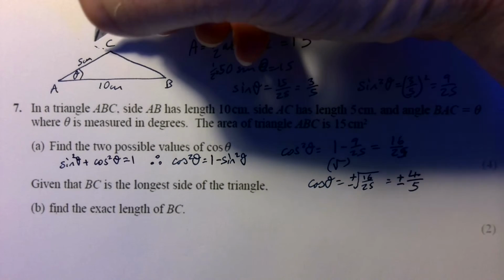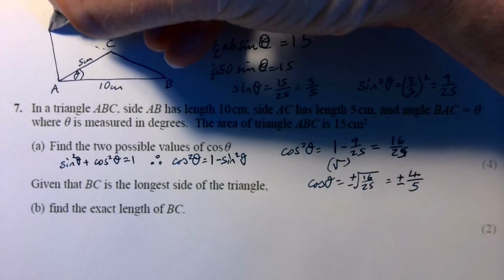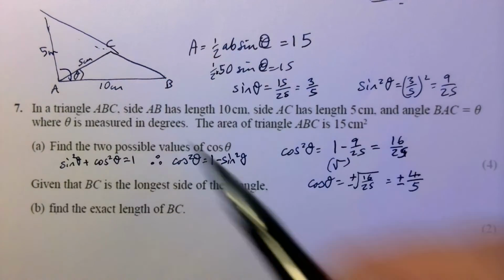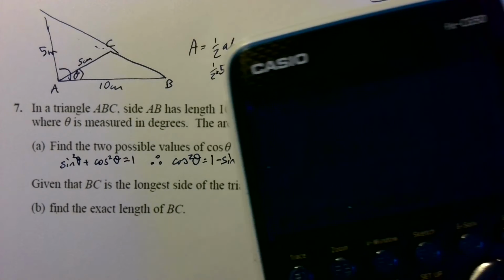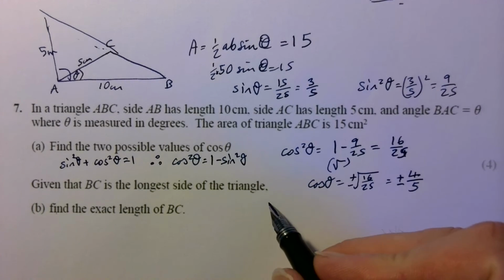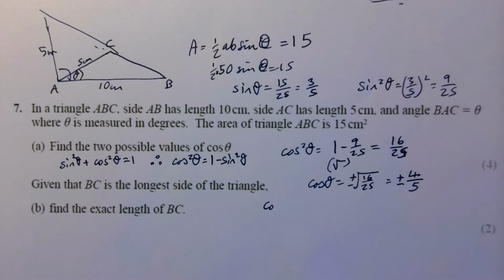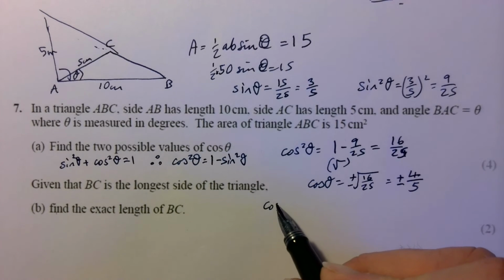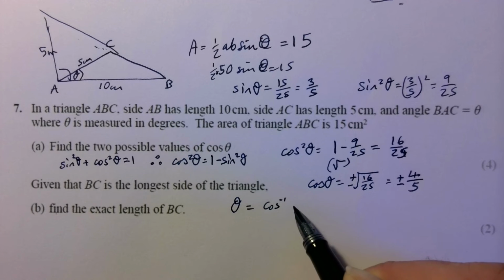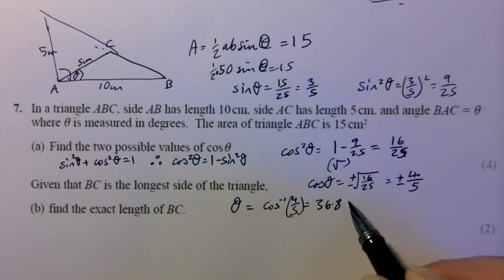Now, if it's the longest side, that means that actually this must be an obtuse angle. So we're looking at something like that. So it's not just, if I do cos theta of 4/5, so theta is cos to the negative 1 of 4/5, I get 36.869 degrees.